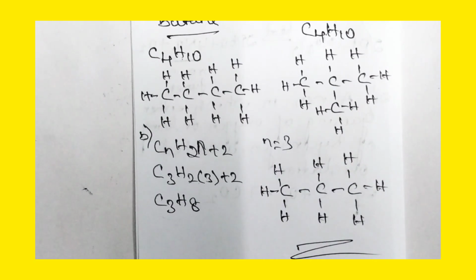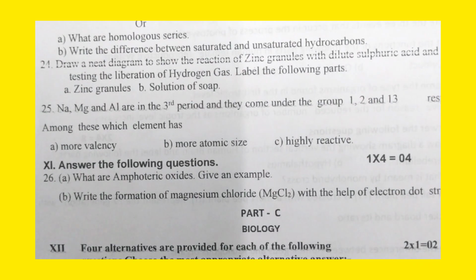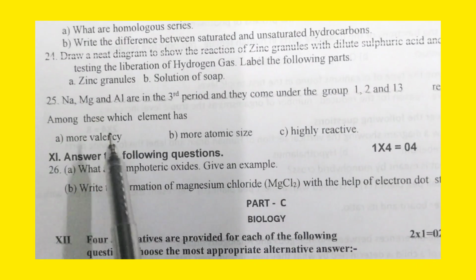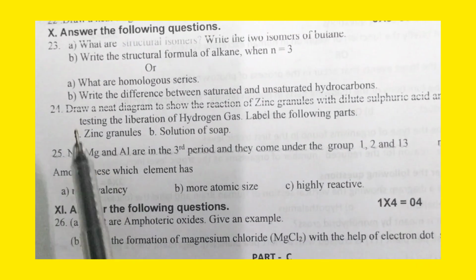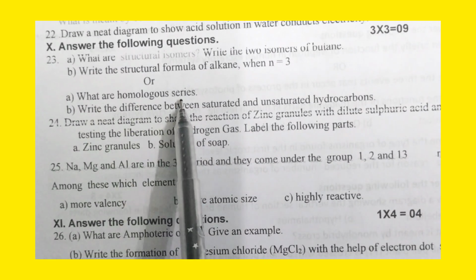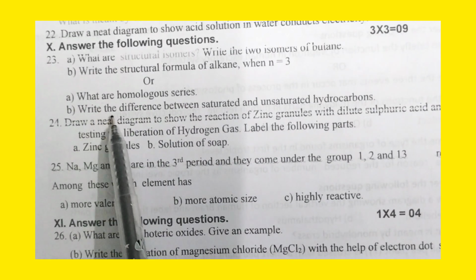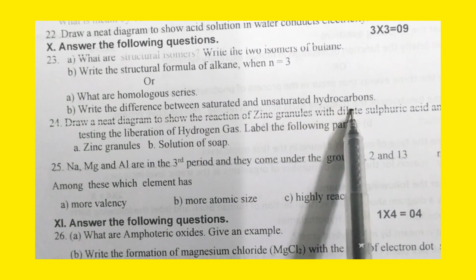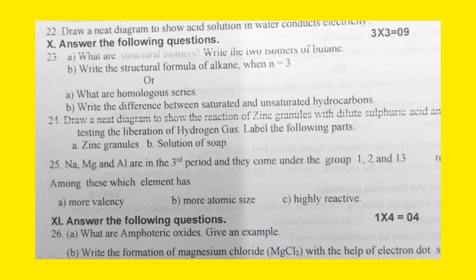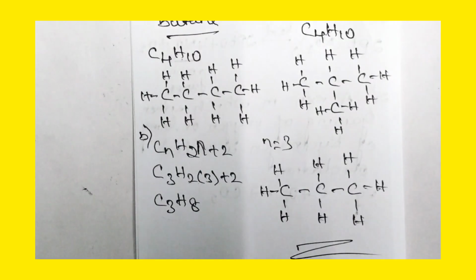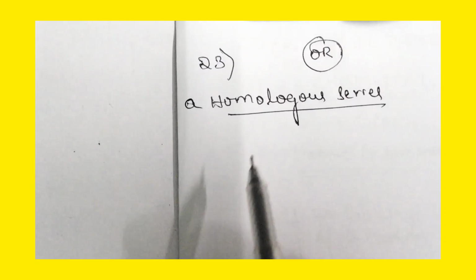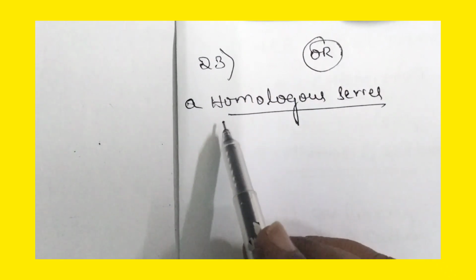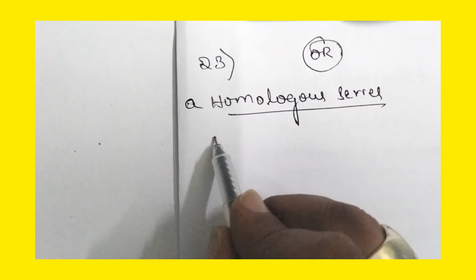Now in the 23rd one, an internal choice question is there. So now let us see that internal choice question. What are homologous series? Then write the difference between saturated hydrocarbon and unsaturated hydrocarbon. Now let us answer both the questions. What are homologous series?